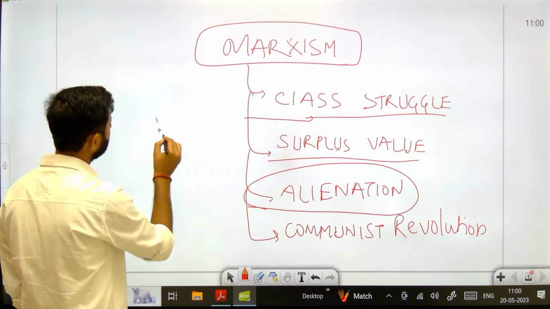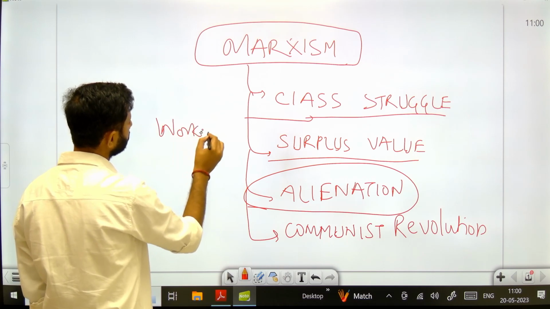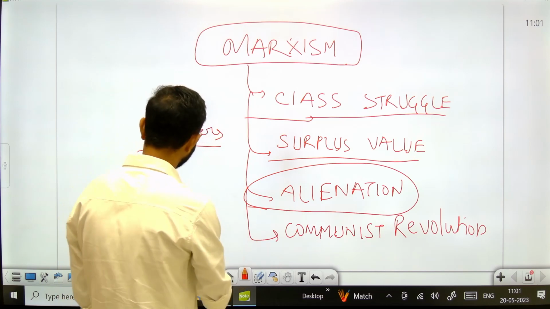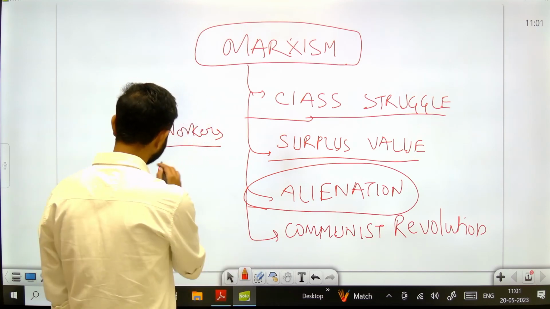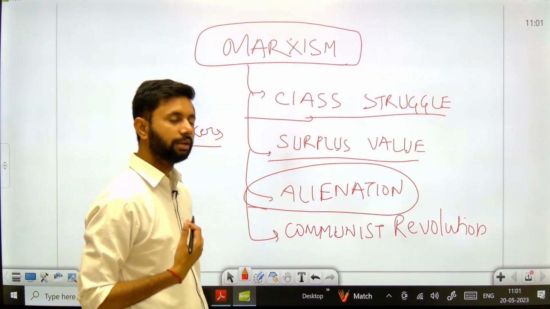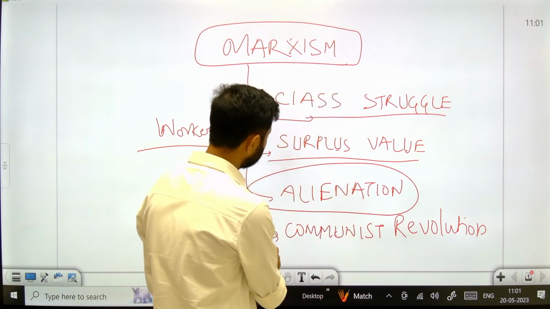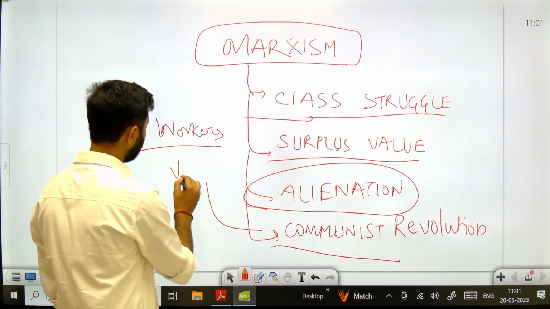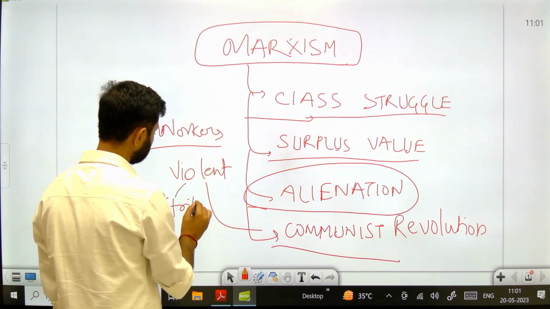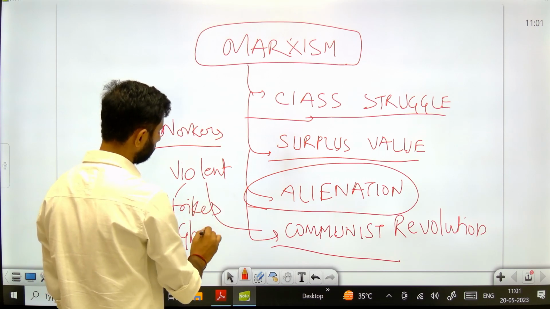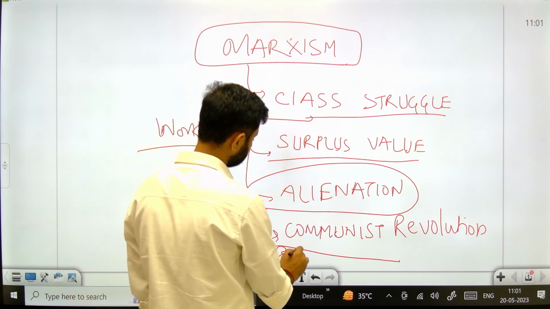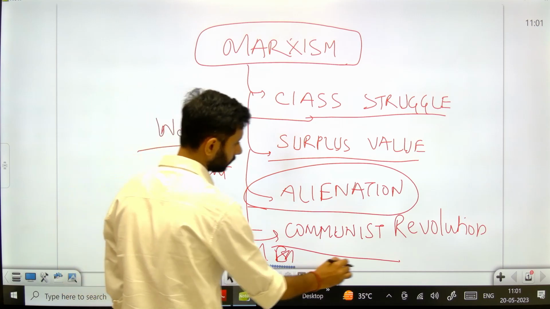Similarly, last but not the least, Marx says that workers should overthrow the management and establish. There is no such establishment in the industry, but the methodology of gaining their rights in the Marxist perspective is violent activities, which involves strikes, gherao, hartal, bandh.